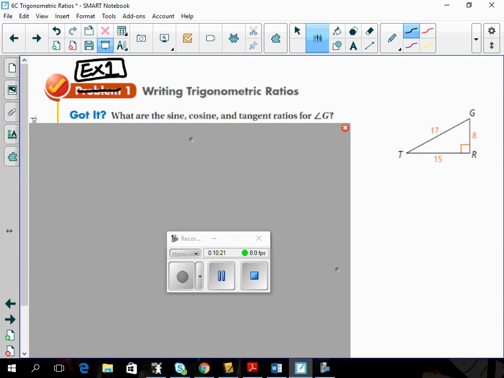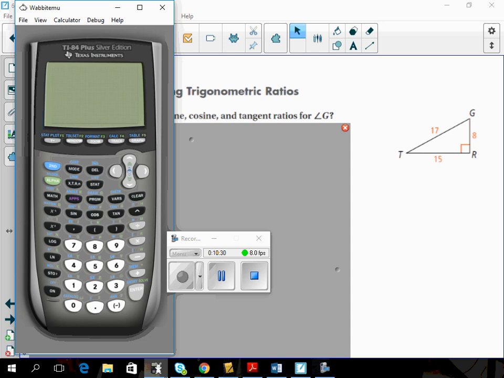Can I check to make sure it's a right triangle, by the way? How would I check? What do I do? Do you remember? If it's a right triangle, doesn't a squared plus b squared have to equal c squared? Let's check it. Go ahead and check it. What's c? What number? 17. Good.